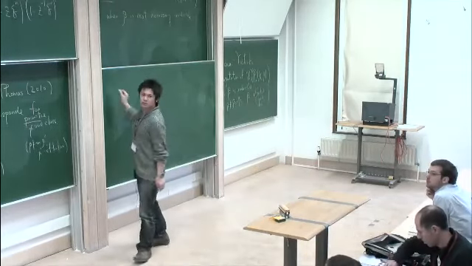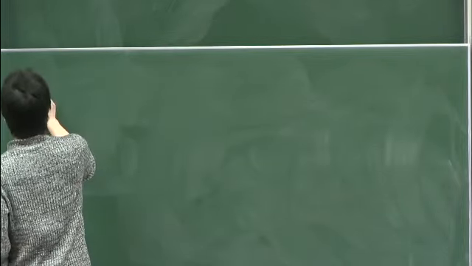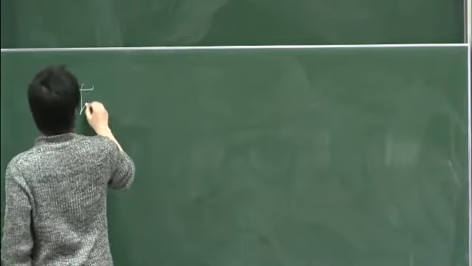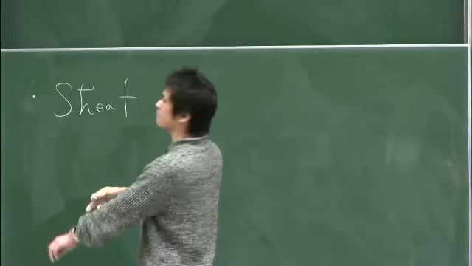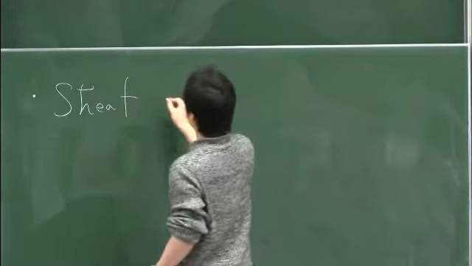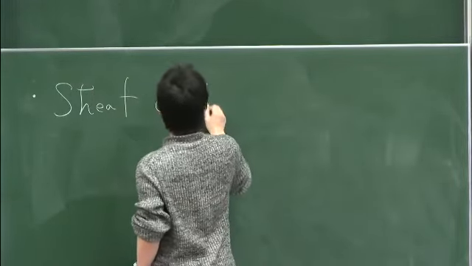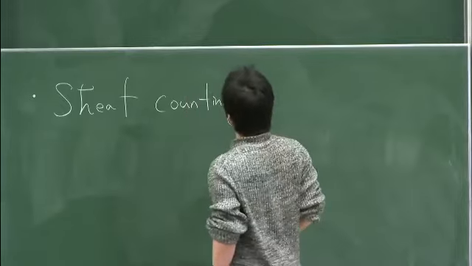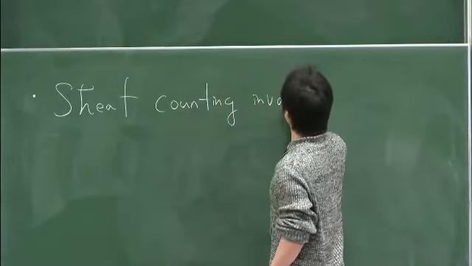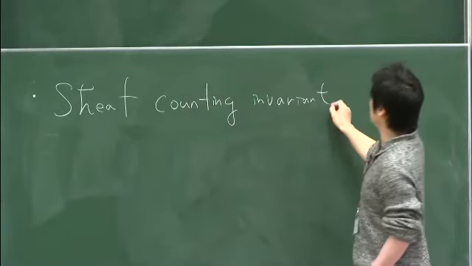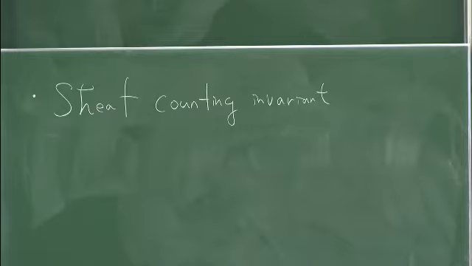So next I talk about some other invariant, that is sheaf counting invariant. Roughly speaking, this is the Euler characteristic of moduli space of semistable sheaves.